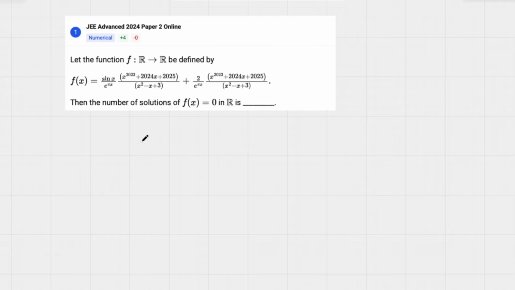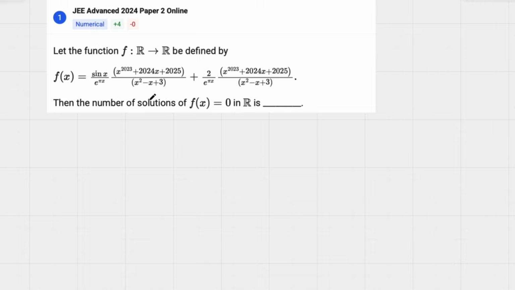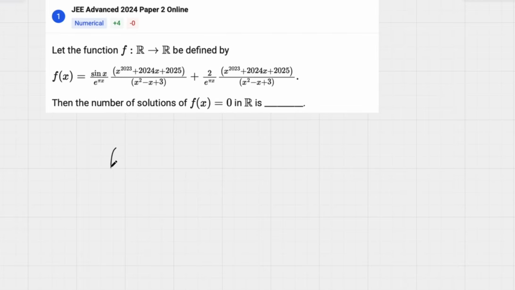The first thing that we can do here is take this f(x) function and try to combine it. We can take this whole function, this and this common.